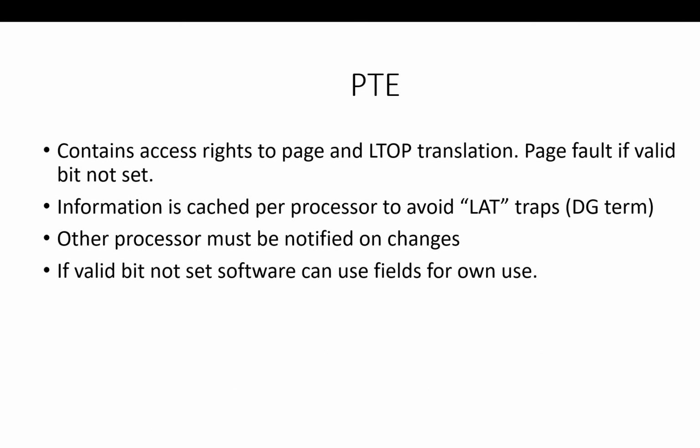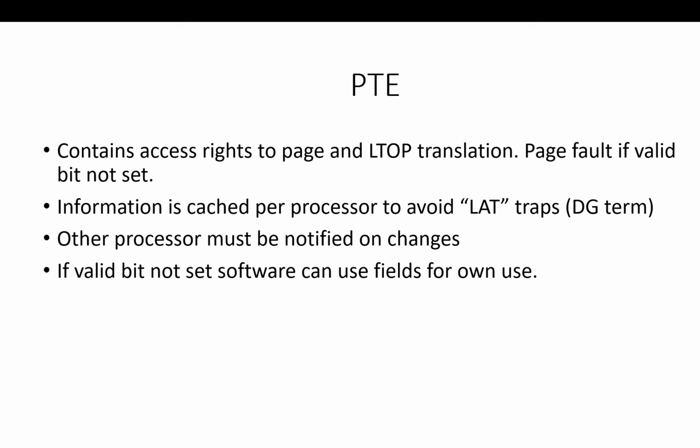Plus, there are bits for how the operating system determines what to do when it takes a page fault. For example, the valid bit won't be set, and if the translation resides in a page file, there'll be page file information in the PTE. So if a page fault occurs, it could just bring it in from the page file.